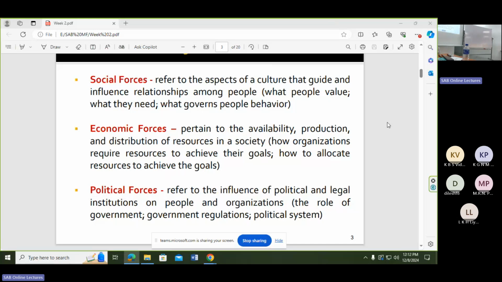Then the second set of forces is economic forces, where the resource utilization in a society to achieve the economic goals of the particular community or country should be considered next. Even organizations are operating in market economics today.